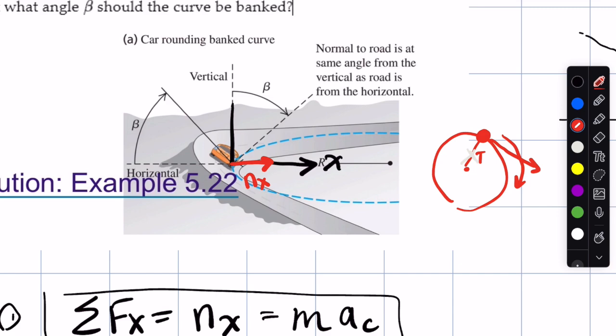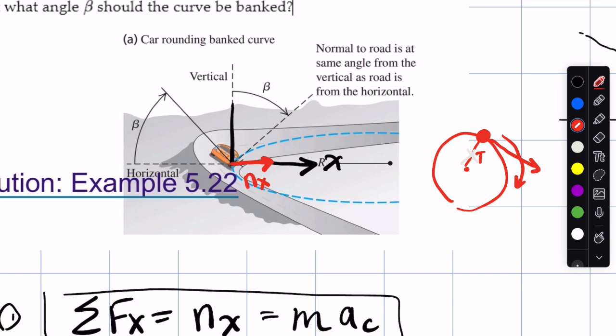So when you're a car and you are trying to keep turning in a circle, you need a force there that's going to keep you from going straight, that's going to keep you in the circular motion. And if the road you're on is completely flat, the frictional force is going to be responsible for keeping you tethered to the center of the circle.